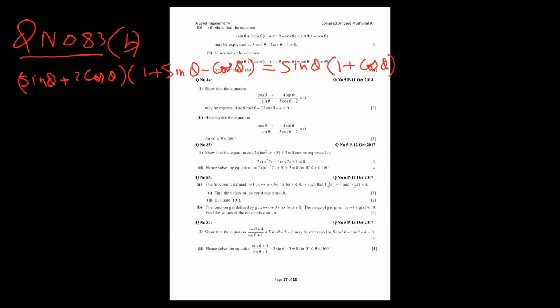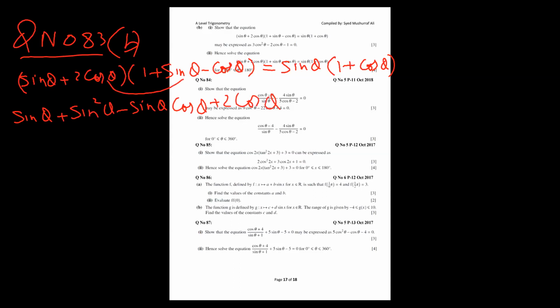Sine into 1, naturally sine theta. Sine into sine, you can say sine square theta. Sine into cos, you can say minus sine theta cos theta. You can write any order. 2 cos into 1 gives you 2 cos theta.